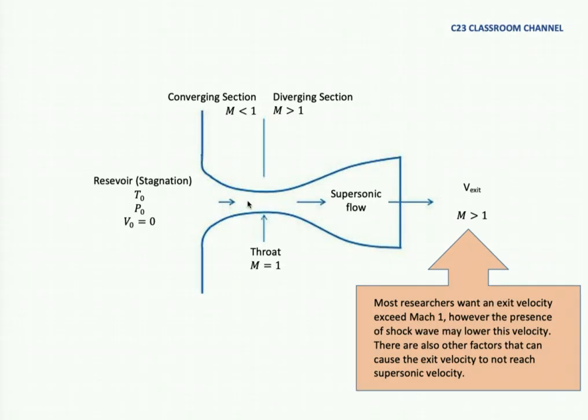As we explained previously, if our speed is more than 0.3 Mach number, the phenomenon that occurs is compressible flow. So let's say we have a high pressure here and the gas could flow at more than 0.3 Mach number, which means it is a compressible flow. In the convergent section, the cross-section area becomes smaller and smaller, the velocity will increase, and at the throat the velocity will reach Mach number 1.